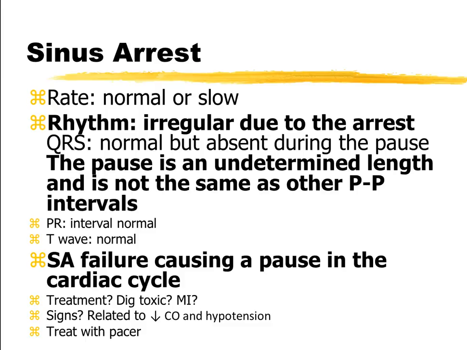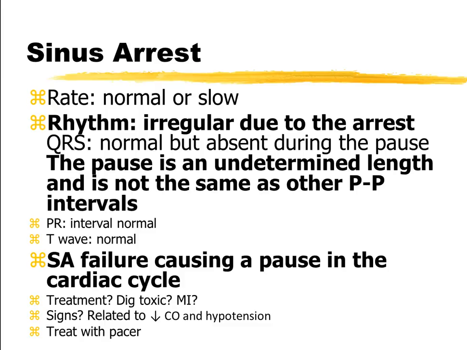Kind of like our sinus dysrhythmia, but this is different because the pause is not consistent, and you have to look at the P to P intervals to tell the difference between this and the others. The P to P intervals are different. Now, why is this happening?